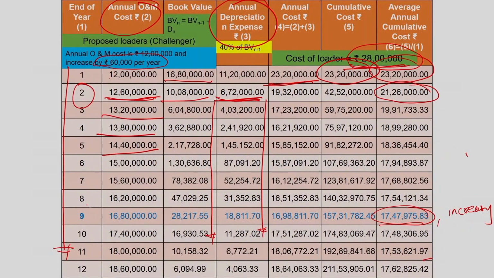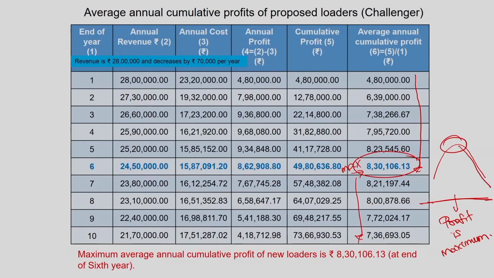So hope you remember, based on the minimum cost method, we found the economic life as the 9th year. But based on the maximum profit method, for the proposed loader, that is the challenger, the economic life is the 6th year, because the profit is maximum in the 6th year. Another thing you have to compare here is the maximum profit for the current loader and the proposed loader.